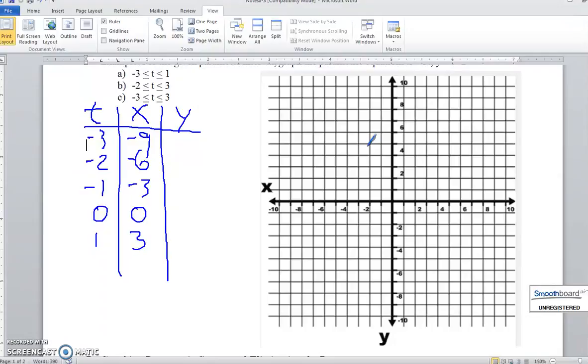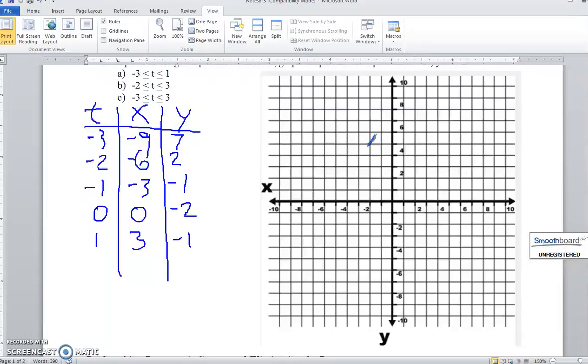If I square the -3, that gets me 9, and 9 minus 2 is 7. Do the same with -2: 4 minus 2 is 2. Then 1 minus 2 is -1, then -2, and when t is 1, I also get -1.